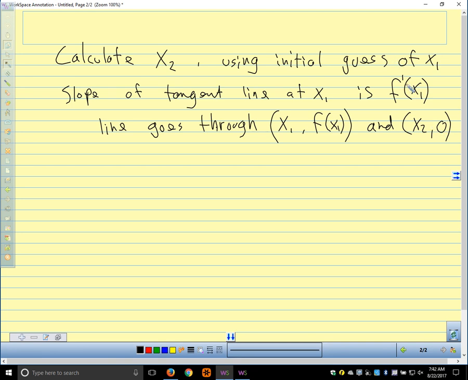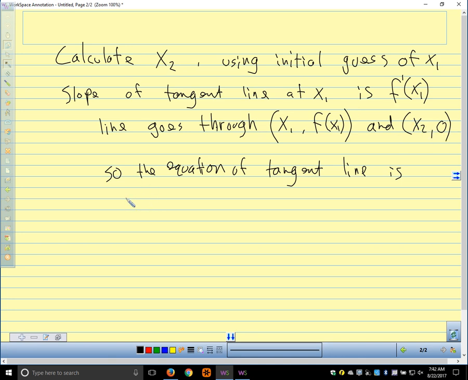Well, we have a slope. We have a point. We can write the equation of that line. And I'm going to write it initially using this point, and then we're going to solve for x2 using this point.